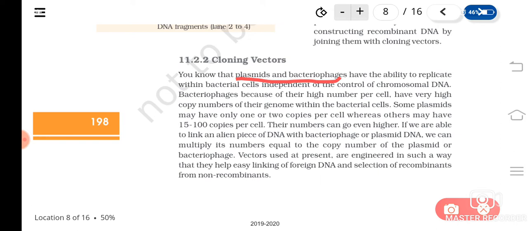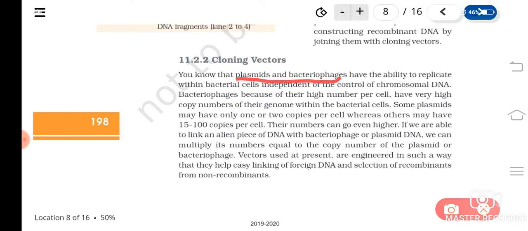In addition to the chromosomal DNA, some bacteria have plasmids, and bacteriophages are viruses that also attack the bacterial cells. When you compare bacteriophages and plasmids, bacteriophages have a high number per cell, so the introduced gene can be produced in large numbers.